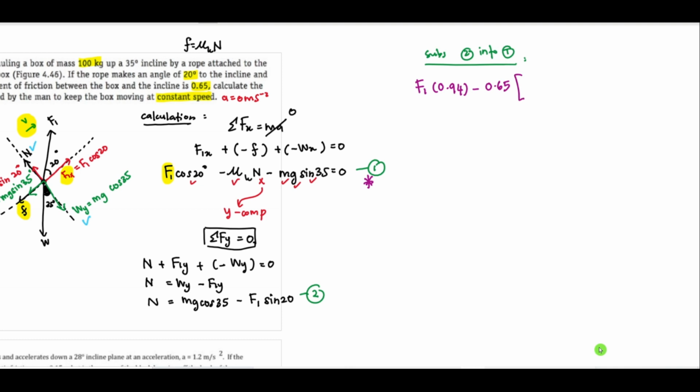N kita tadi inilah. Okay, kita akan masukkan nilai dia. mg cos theta, which is mg cos 35. So, terus sajalah M soalan dah bagi. M 100. Saya terus saja masukkan 100. Okay, mg. So, G is 9.81. Okay, cos 35. Okay. And then minus berapa tu?